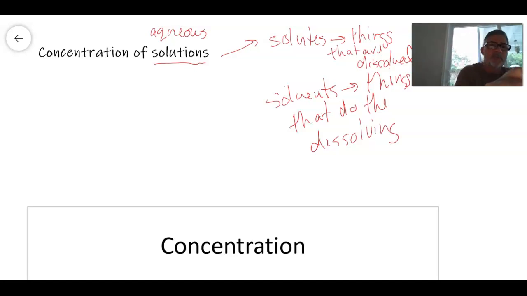So solutions, there's a couple properties of them. Solutions are evenly mixed.